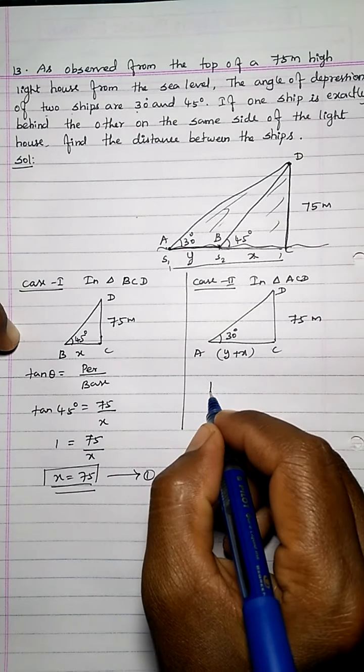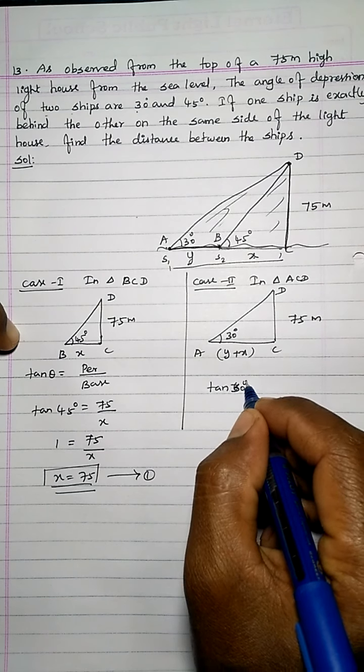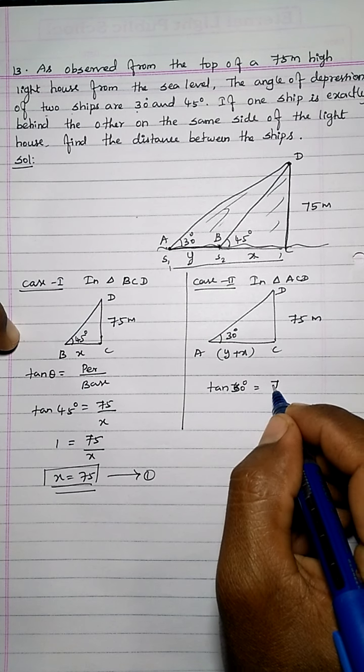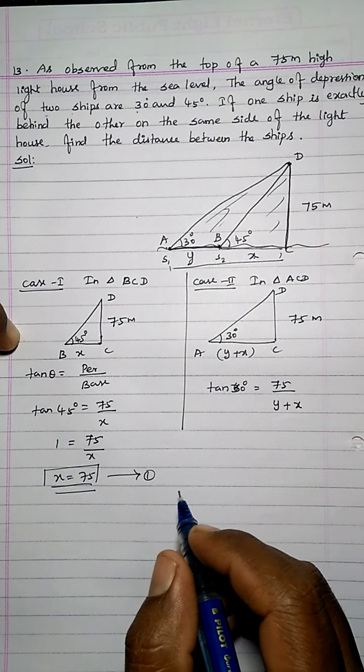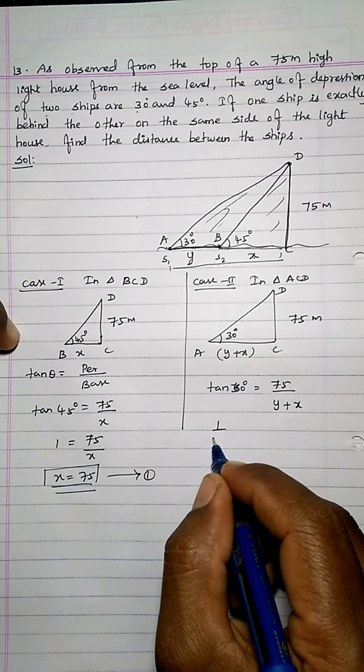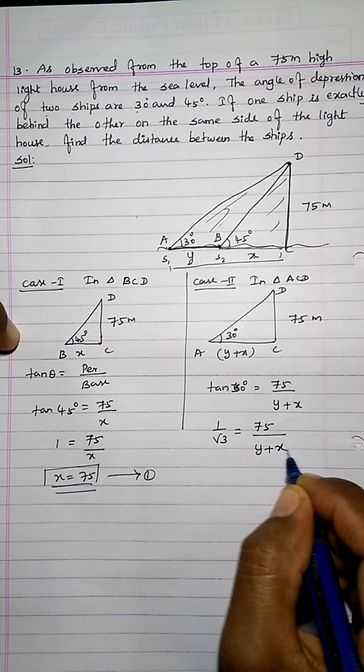Now let's take here also the same formula. So theta value 30 degree equal to perpendicular, we have 75, and base now we have y plus x. Tan 30 value 1 by root 3 equal to 75 by y plus x.